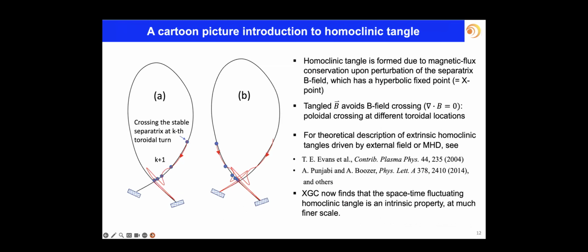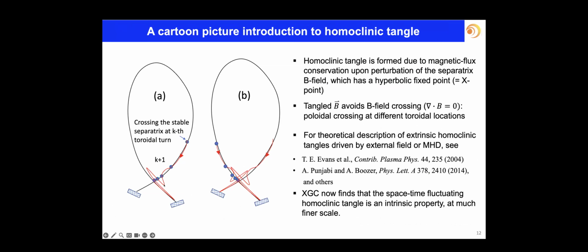And for the fun of it, let me take just 30 seconds to explain what a homoclinic tangle is. The magnetic field lines actually go around the torus. This is just a cross section. When it goes around, it comes to the next point here, and then it comes to the next point here. The X point in a tokamak is actually a hyperbolic fixed point.